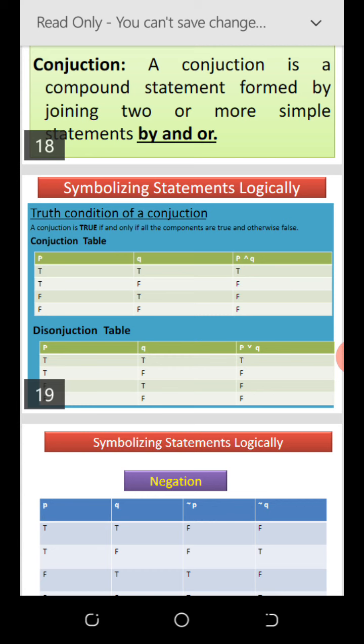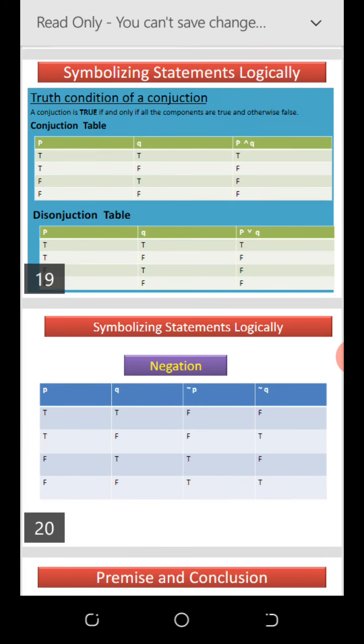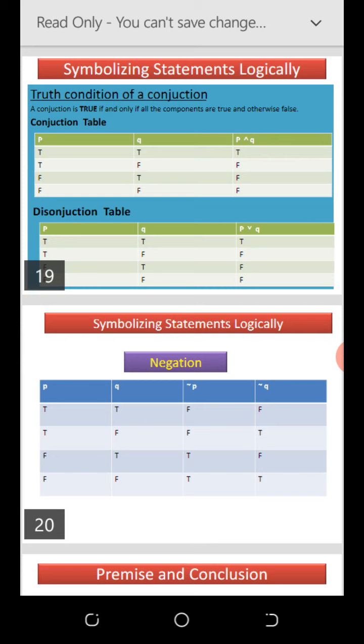it's like you are using mathematical symbols like plus and minus. So when you are now using plus and minus, it means that when you look at truth and truth under the conjunction table, it will give you truth.